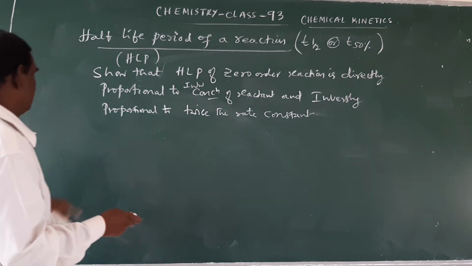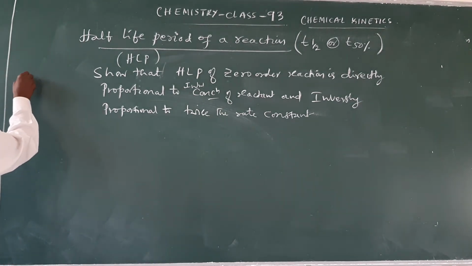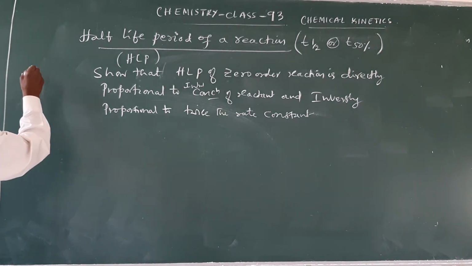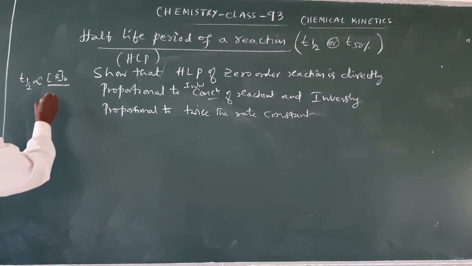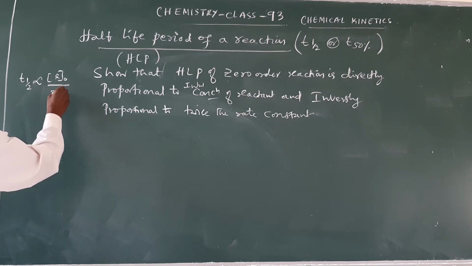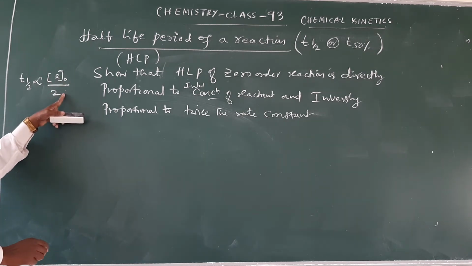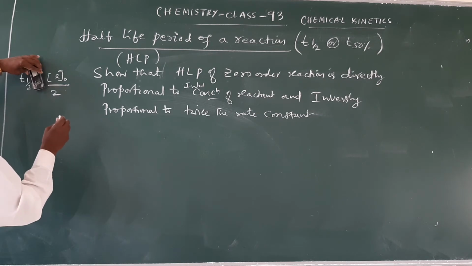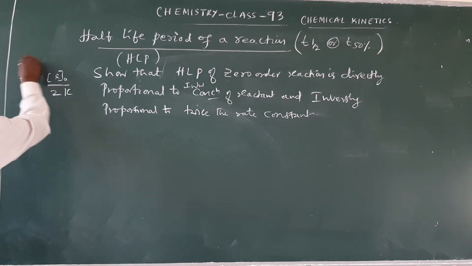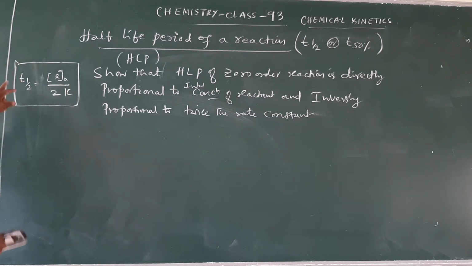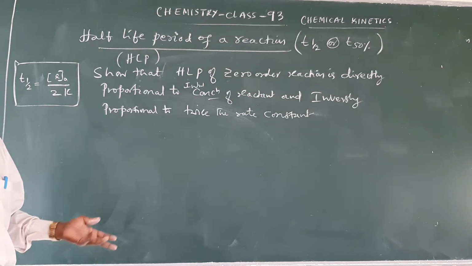That is, t half is directly proportional to the initial concentration R naught and inversely proportional to 2k. So t half is equal to R naught divided by 2k. That is how we have to prove it.